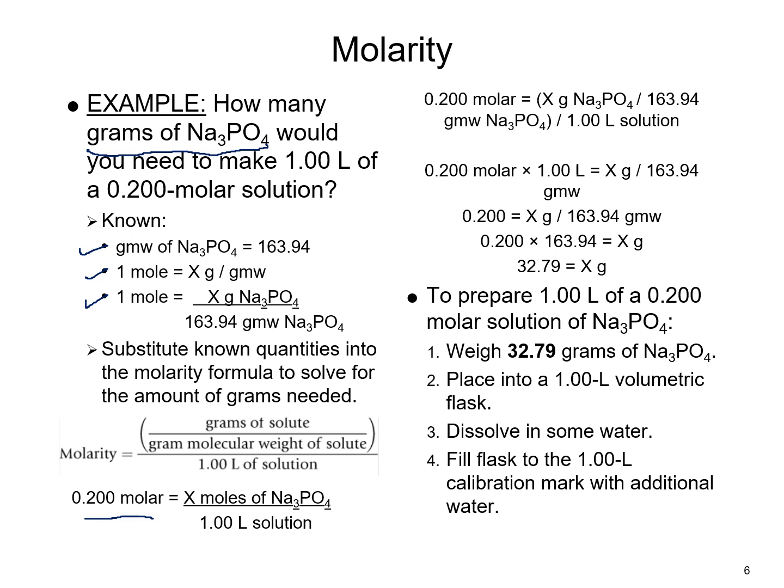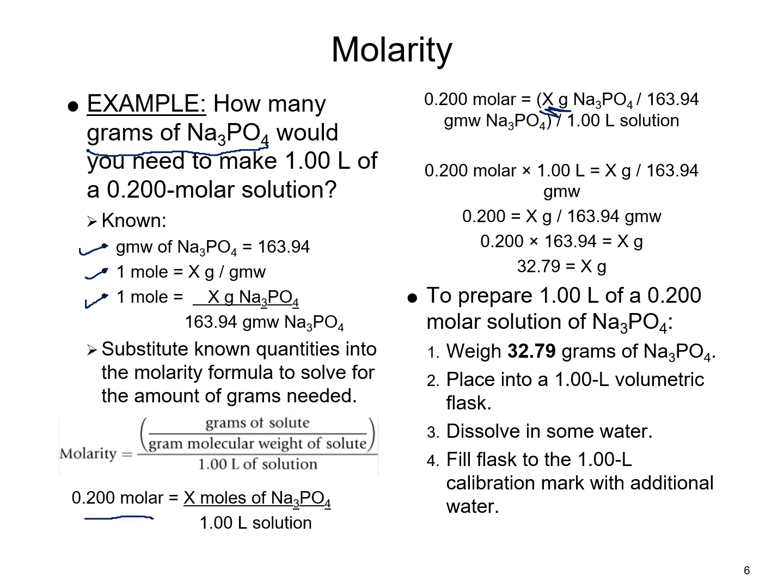So you can see here where it's been worked out for you, where we're solving for X, and we've got that gram molecular weight in that equation. From there, you will work the algebraic equation out to come to a total of needing 32.79 grams in order to make this particular solution.